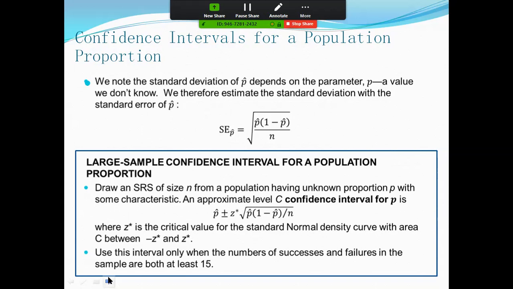Use this interval only when the number of successes and failures in the sample are both at least 15.